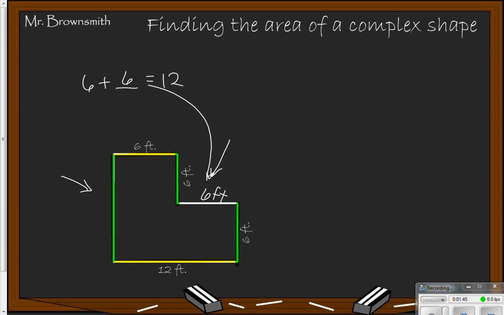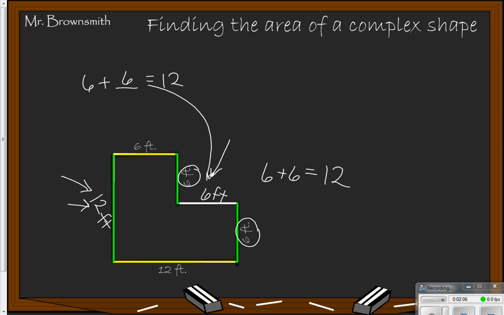So we know that this 6 right here and this 6 right here, when added together, is going to equal this length right here. So 6 plus 6 is 12. Then we know right here that this is 12 feet.